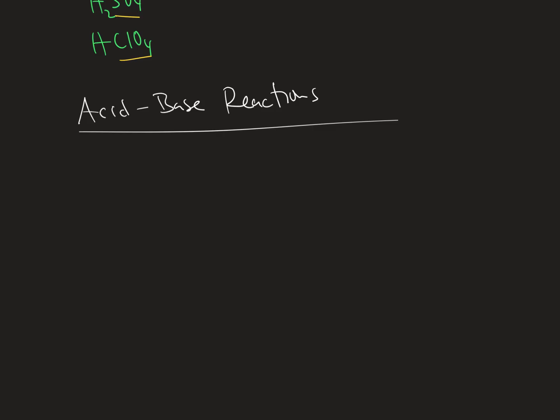That one is ethanol. That's not an acid. Is it a strong base because it has OH in it? No, that's not a base either. That's an alcohol. But it has OH.